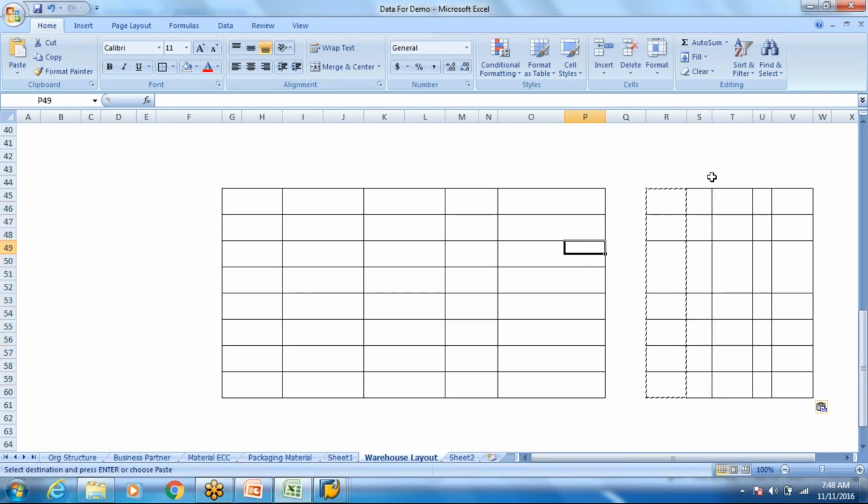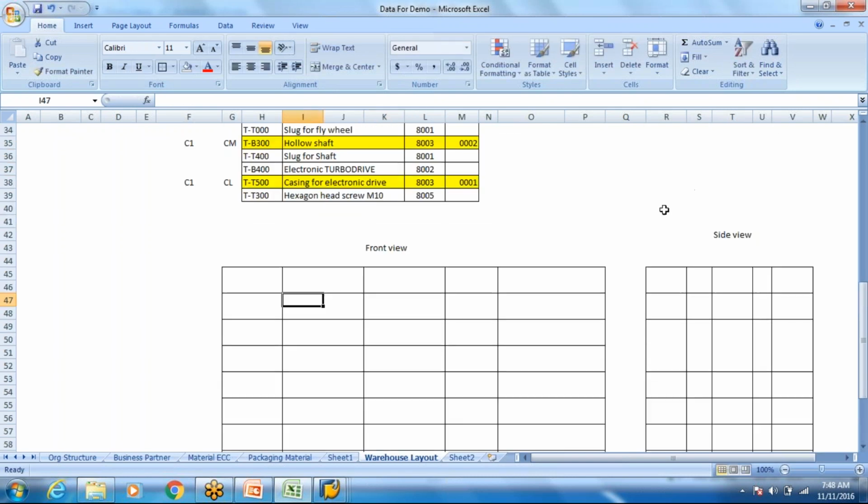So this is racking from, let's say, side view. Or let's say front view. In front we can see like this: first track is like this, and if you see from the side, it's like this.